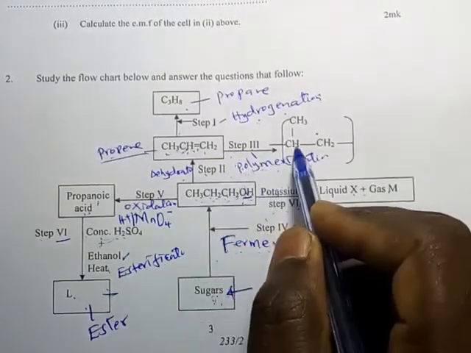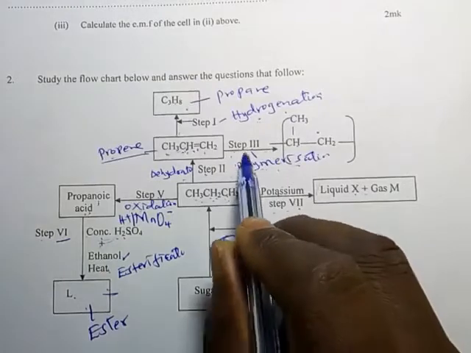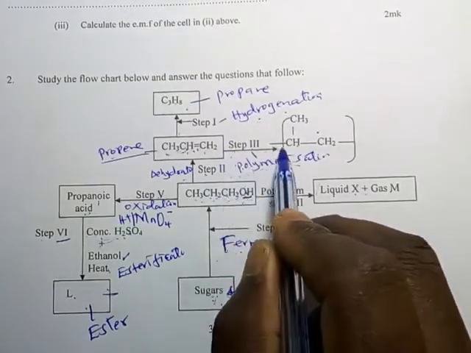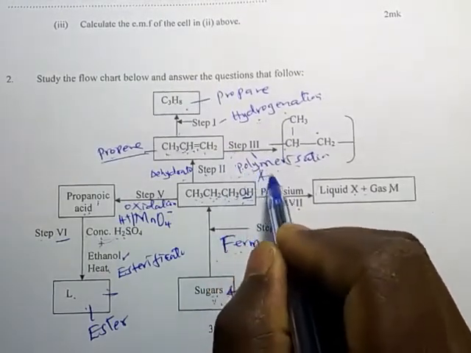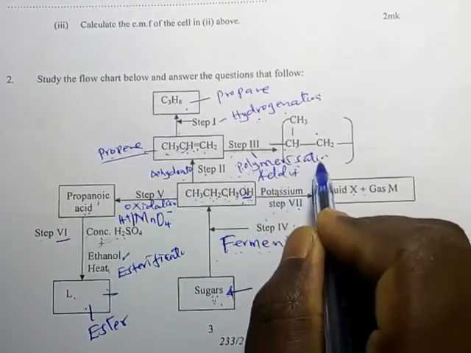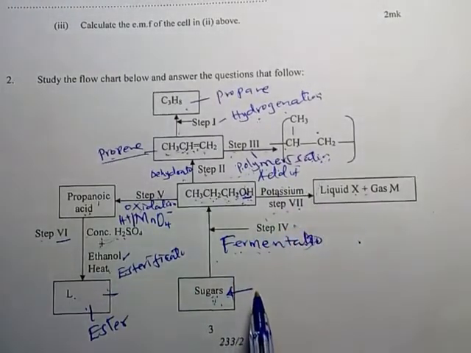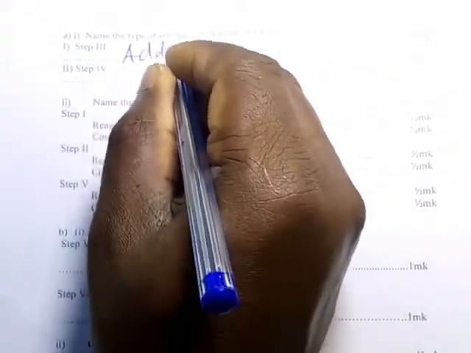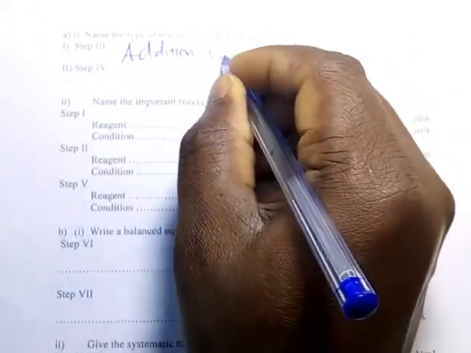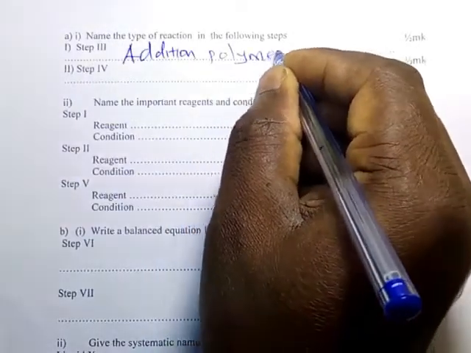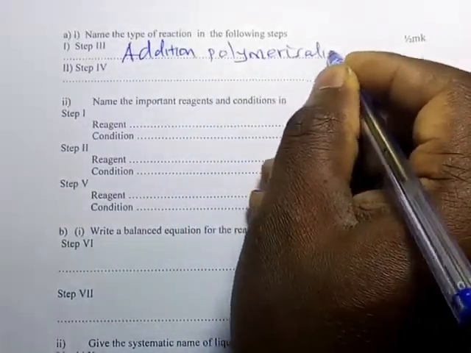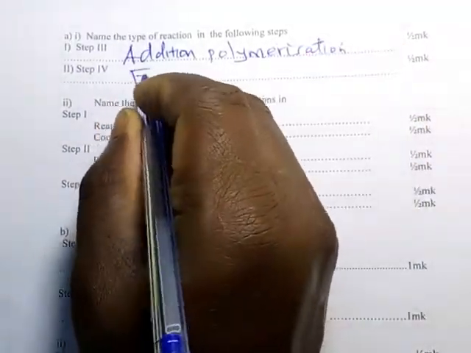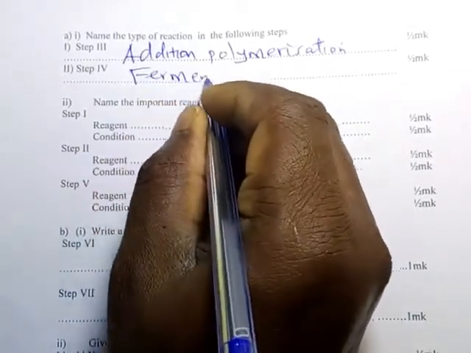This one is addition. Therefore, the correct answer for the reaction taking place here is addition polymerization. Step 4 is fermentation.